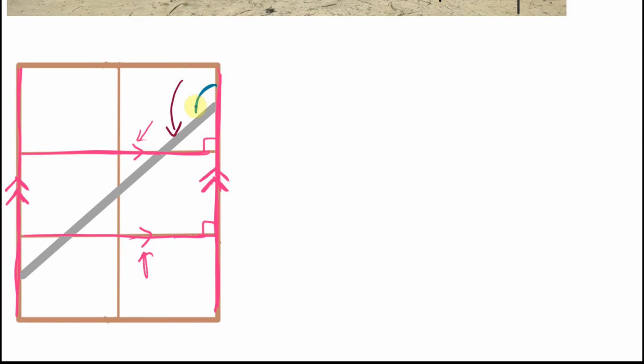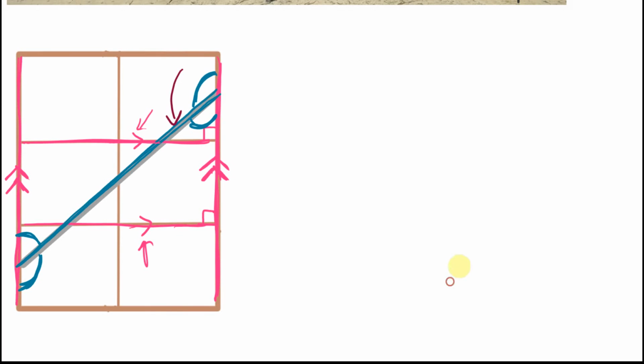So this angle here, this angle here, this angle here, and this angle here. Those are just some of the angles that we'd be interested in because they're angles associated with parallel lines, but we also need some other line which intersects the two parallel lines. So let's have a look at the types of angles associated with parallel lines.